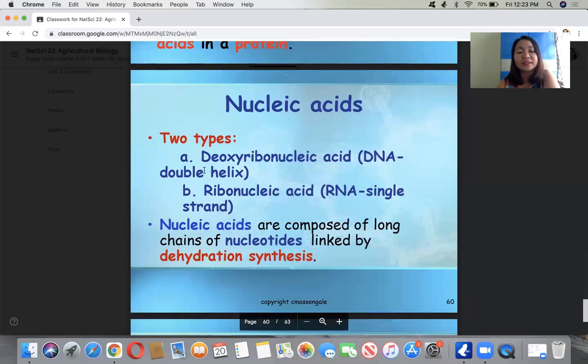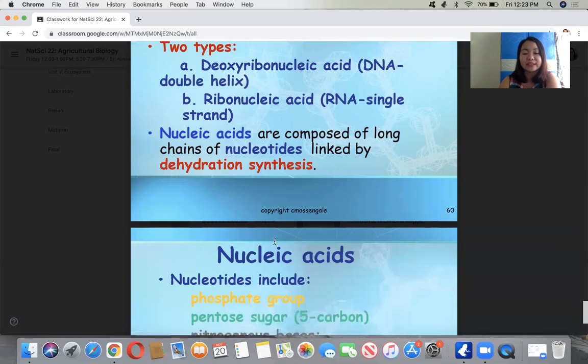So nucleic acids are of two types, the deoxyribonucleic acid or DNA double helix and the ribonucleic acid RNA single strand. The nucleic acids are composed of long-chain nucleotides linked by dehydration synthesis.